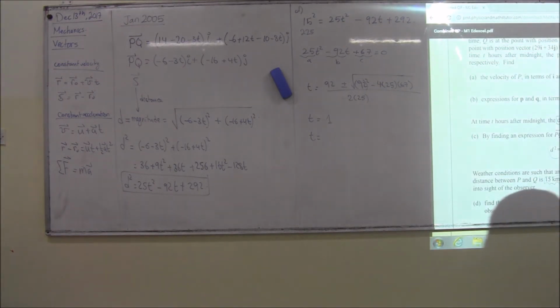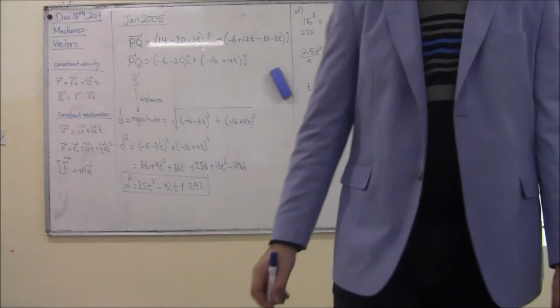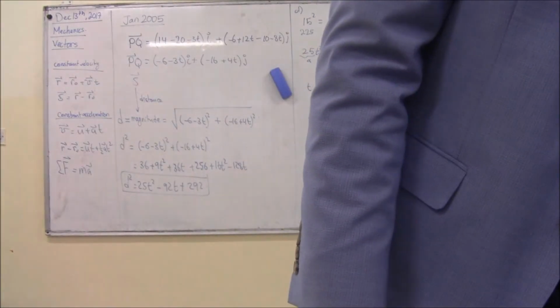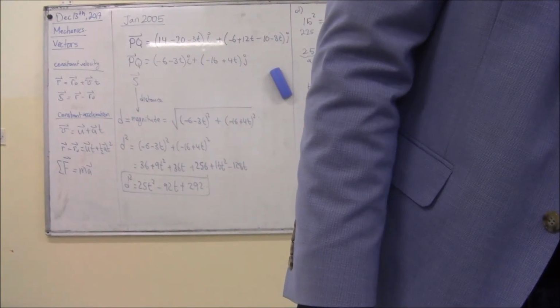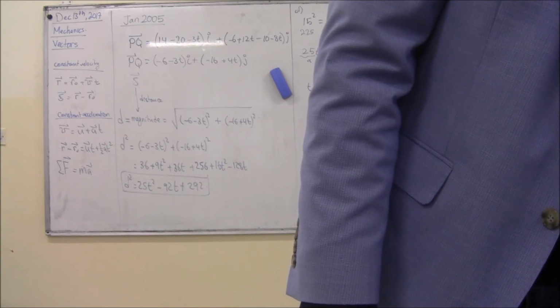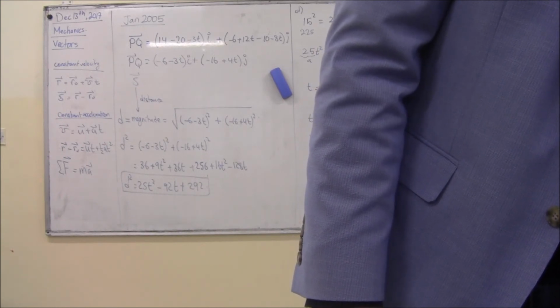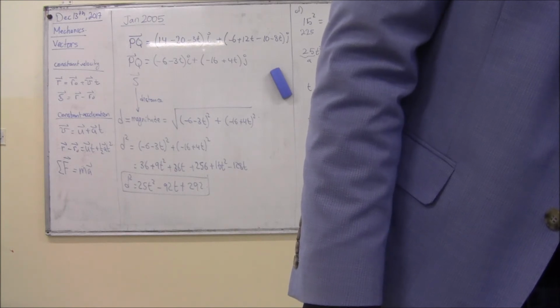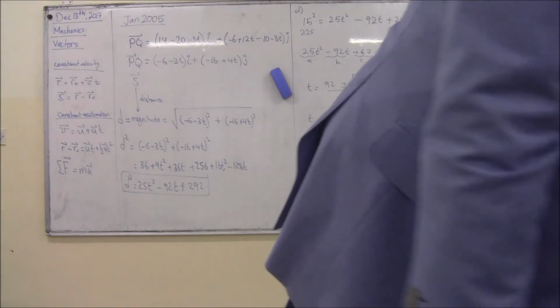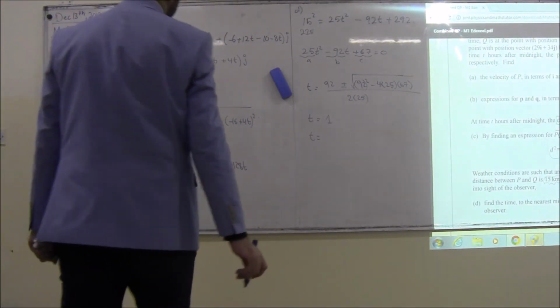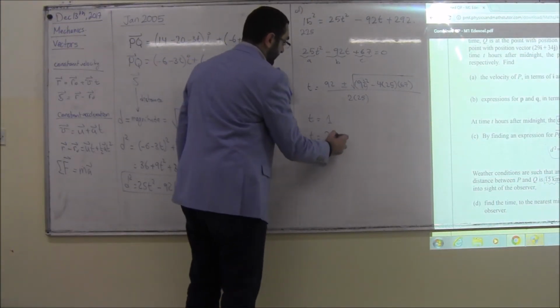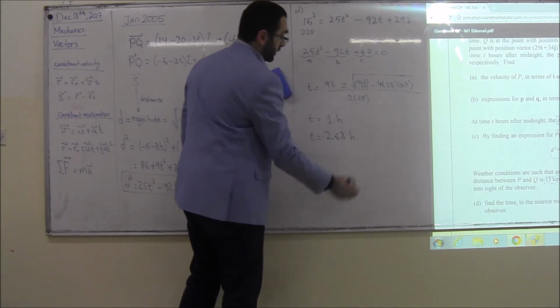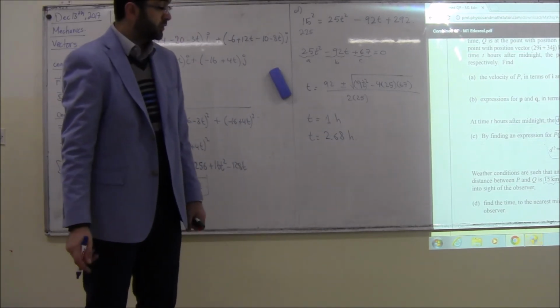Just a minute, 67 over 25 is 2.68, right? 2.68 hours, because we are using hours, and we need the time to the nearest minute.